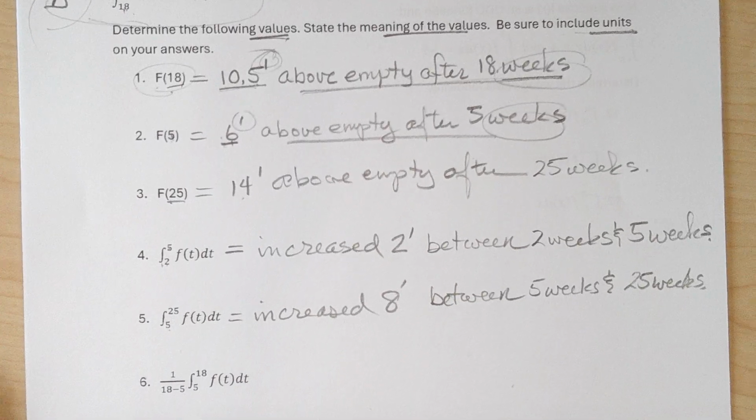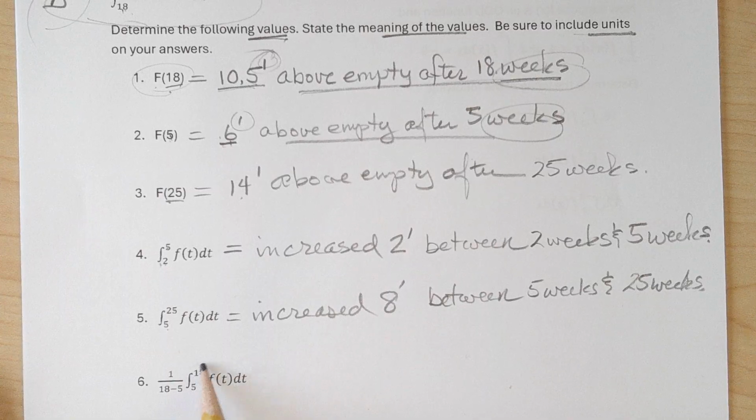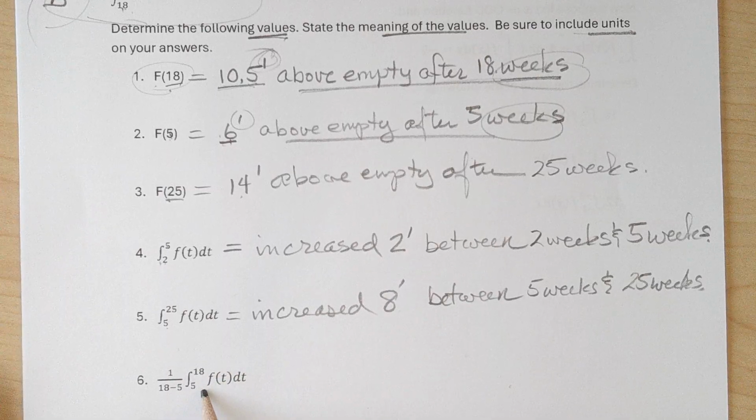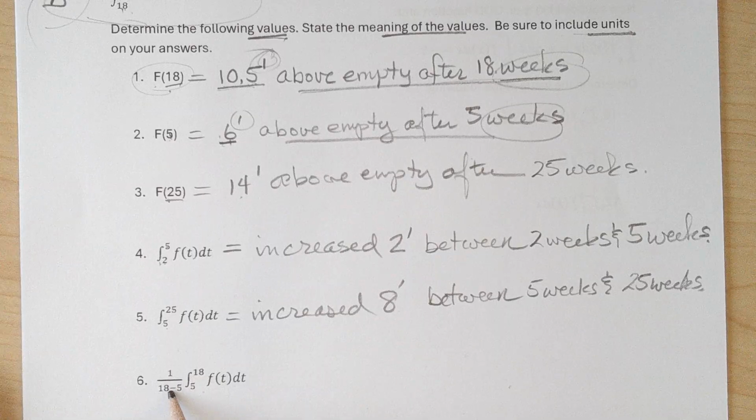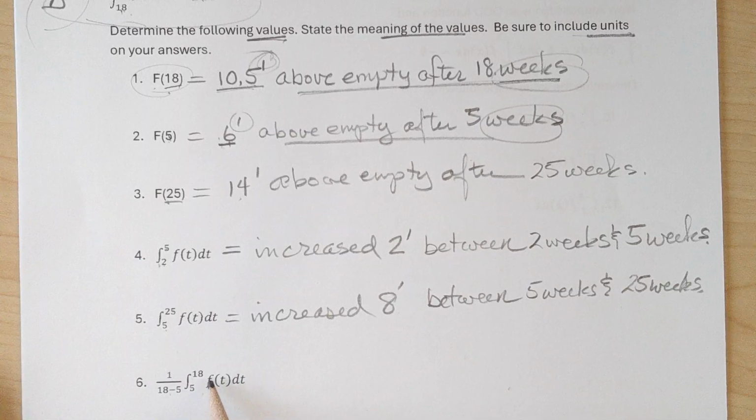Now this one, this is between 5 weeks and 18 weeks. This is the change divided by the amount of week time it took place. So this must be the average rate of change, the average value of this change function.